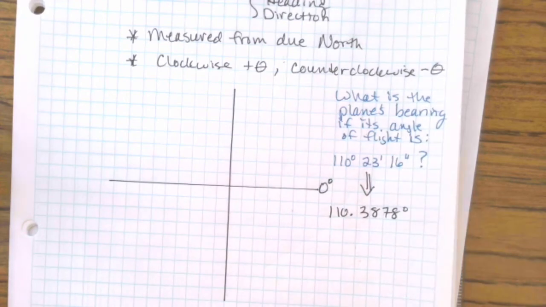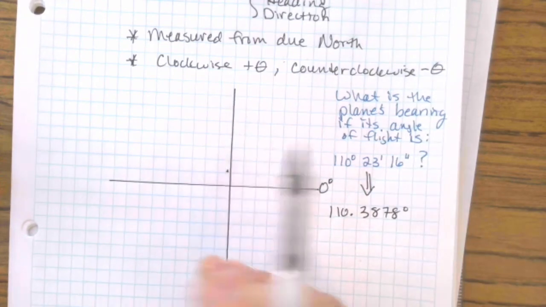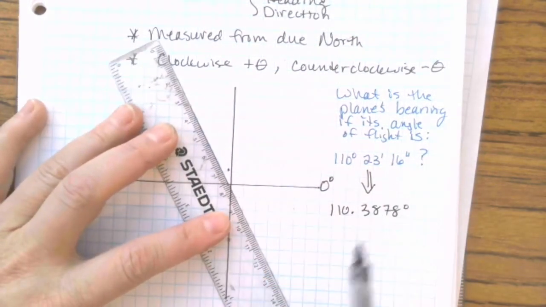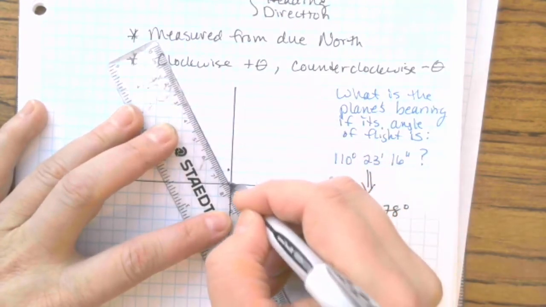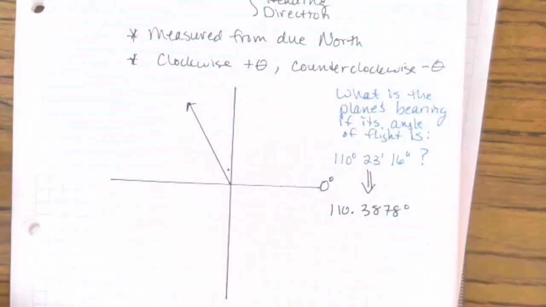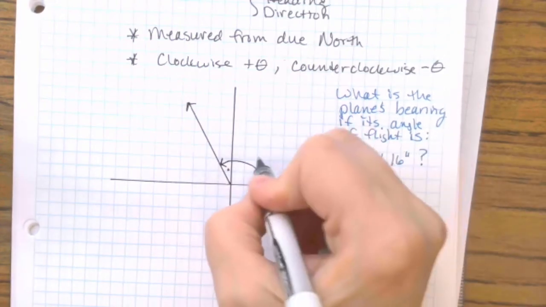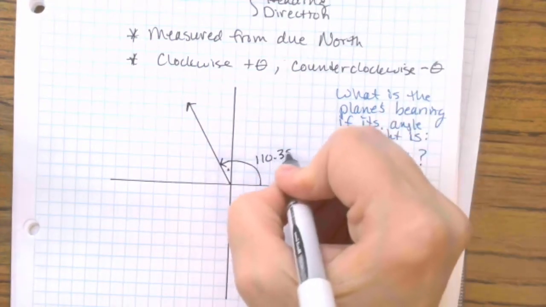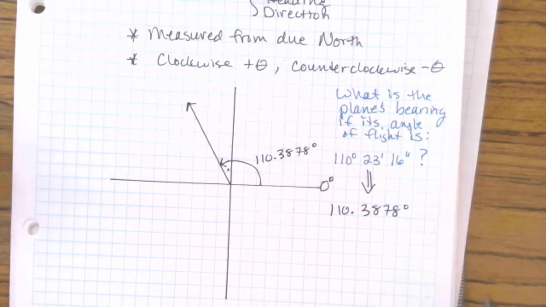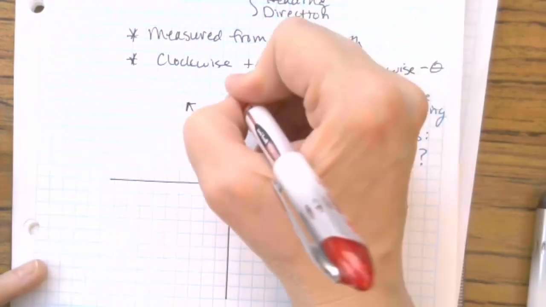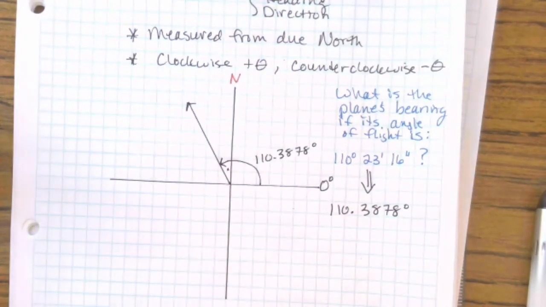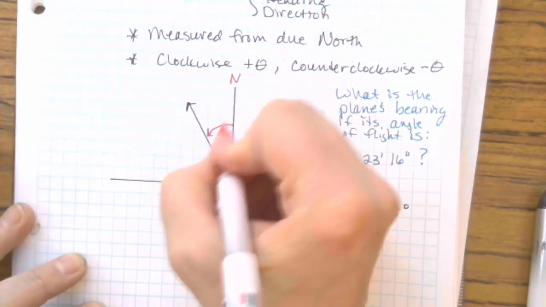And here is 0. So if it's actual measurement, 90's here. So 110 will be somewhere up in here. That is your actual angle, which is 110.3878 degrees. Now, because it is a plane, we have to figure out what is the angle from due north.